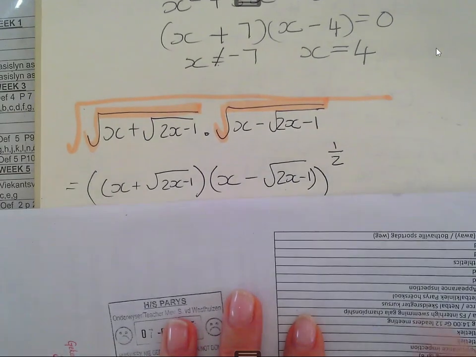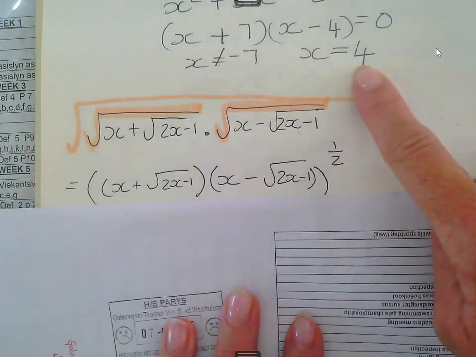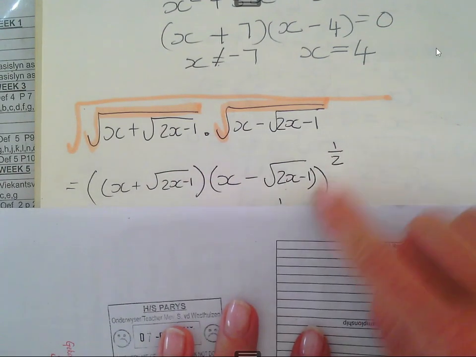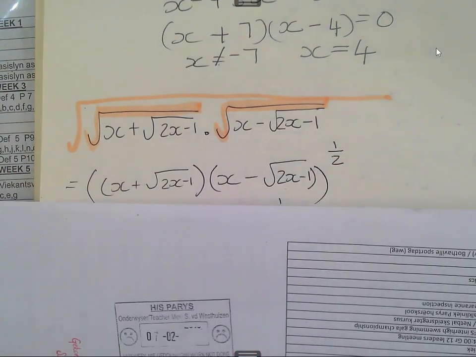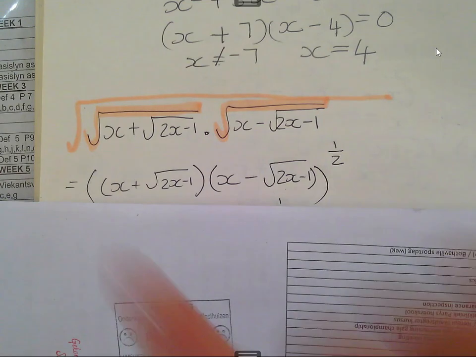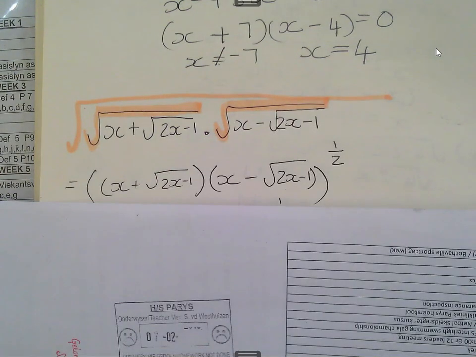So what I did is put it under one big root, but then I changed that big root to a power of a half. I haven't put anything in there. I haven't taken anything away. All I've done is I've changed the format. I've changed what I see there to look different. But I didn't change the sum.